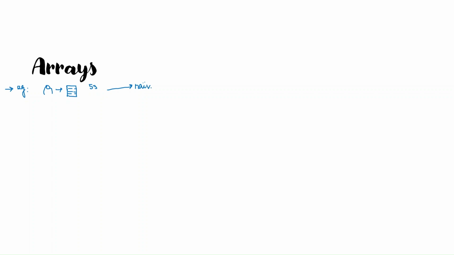A very naive approach would be to create 53 variables separately for storing the names and for storing the marks. So in total of creating 106 variables. But somebody from your class suggested that you should go for a collection rather than using so many variables.